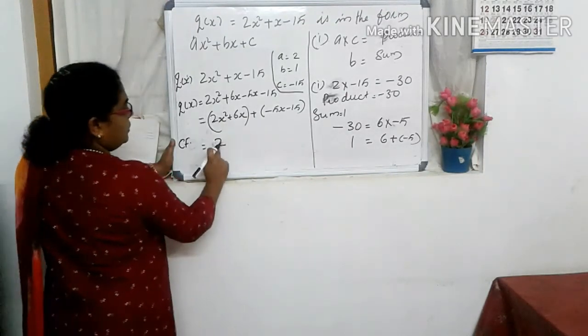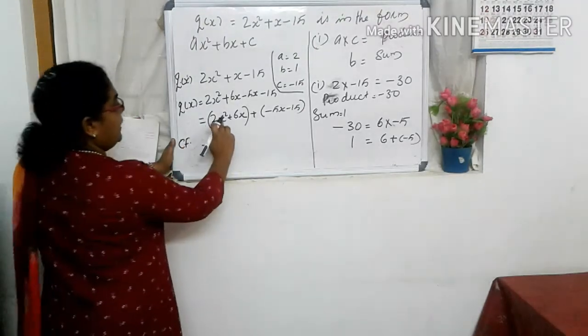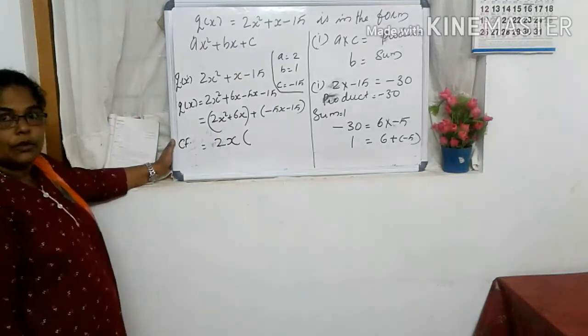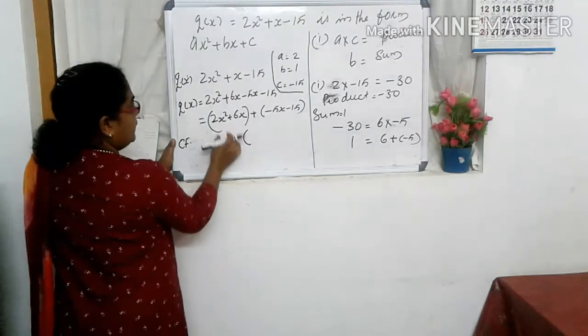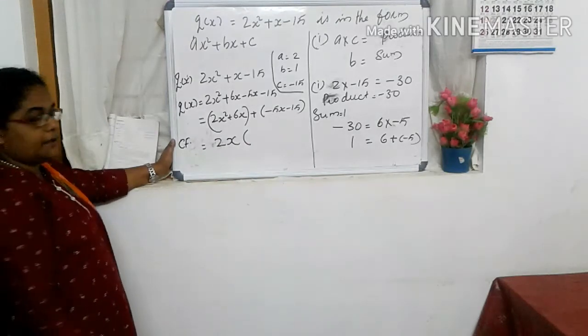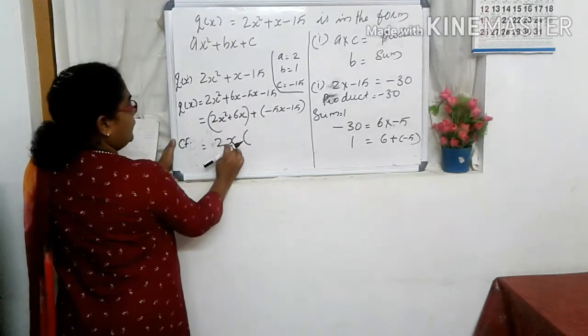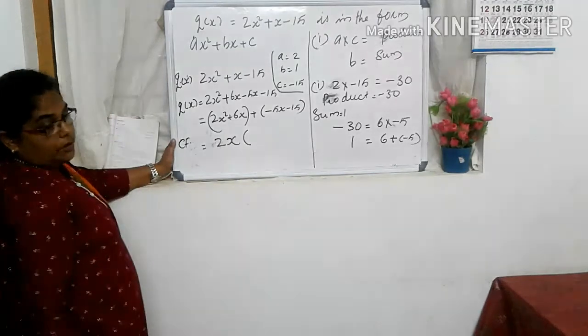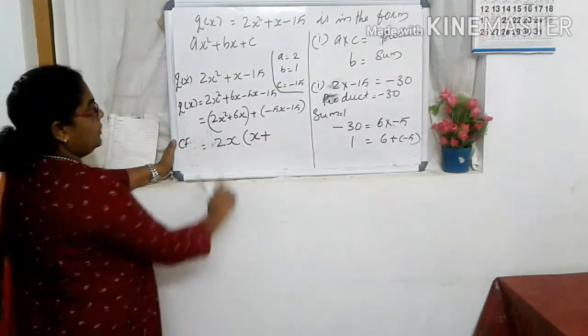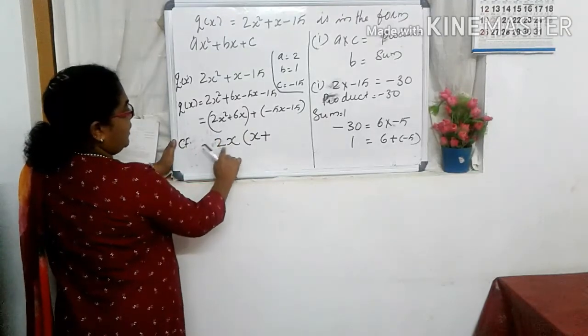From 2 and 6, 2 is common. From x square and x, x is common. So from 2x square and 6x, 2x is taken out. Taken out means it is factorization. From x square, 1x comes out. Now what is remaining? x is remaining.